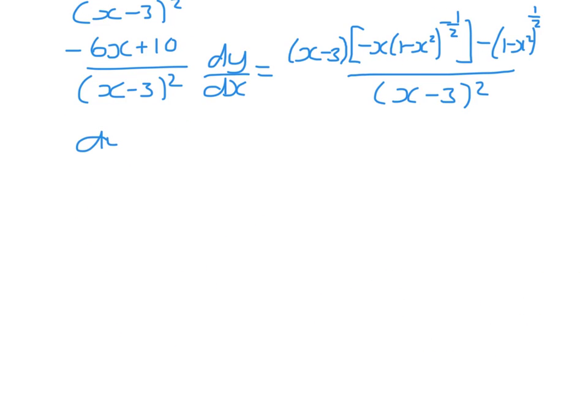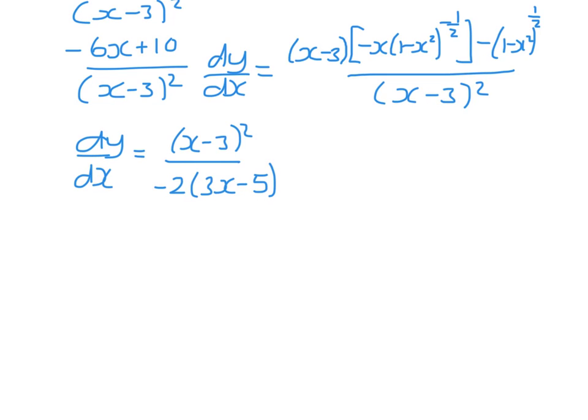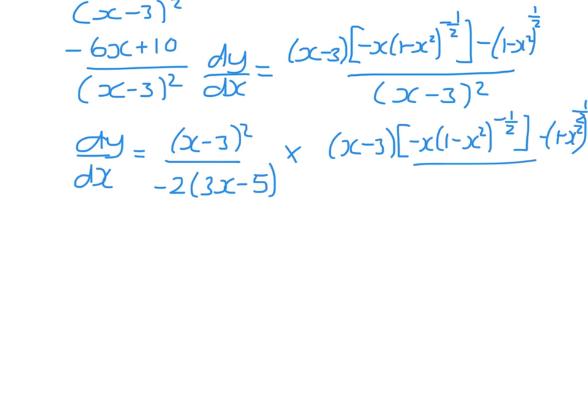So dy dx equals (x minus 3) all squared over minus 6x plus 10, which I'm going to factorize, so that's minus 2 upon 3x minus 5, multiplied by (x minus 3) minus x upon (1 minus x squared) to the power minus 1/2 minus (1 minus x squared) to the power 1/2 all over (x minus 3) all squared, and the (x minus 3) all squareds cancel.